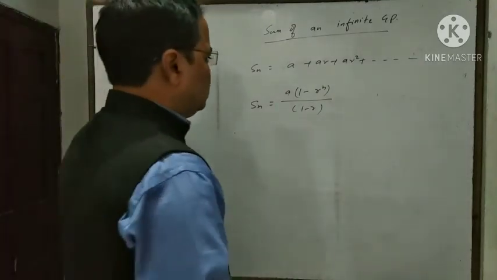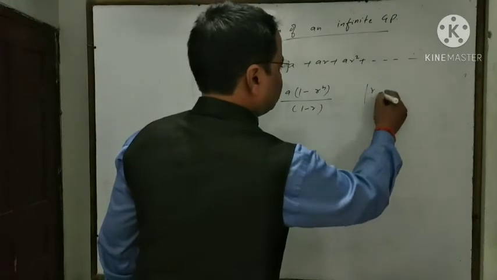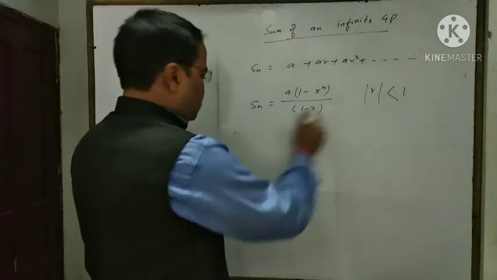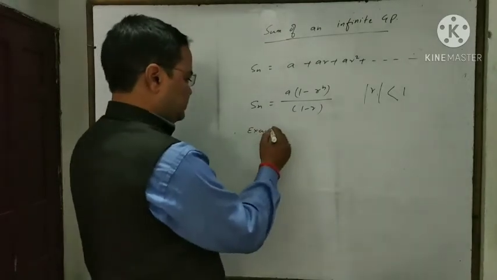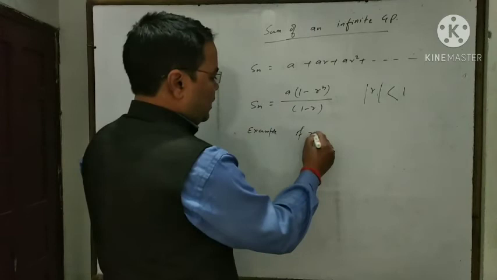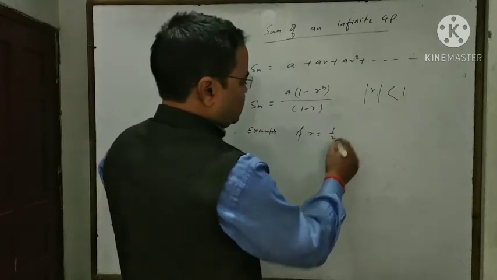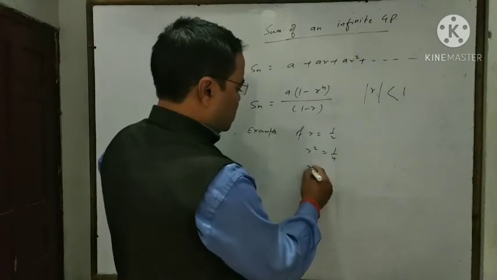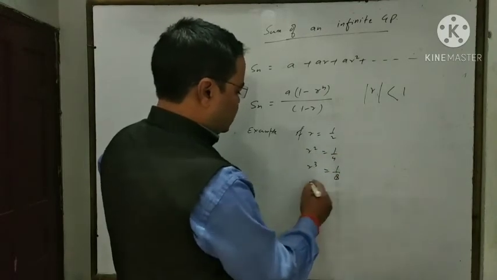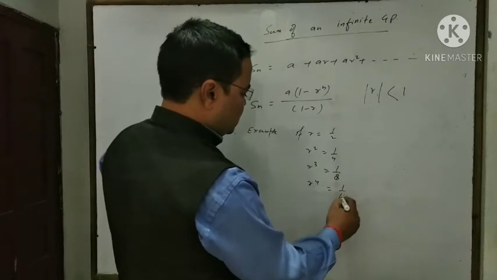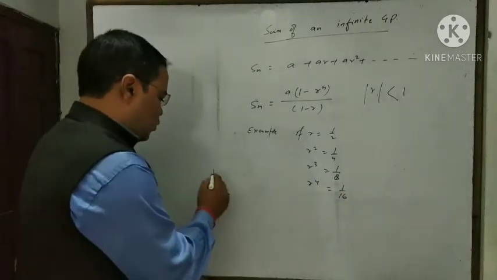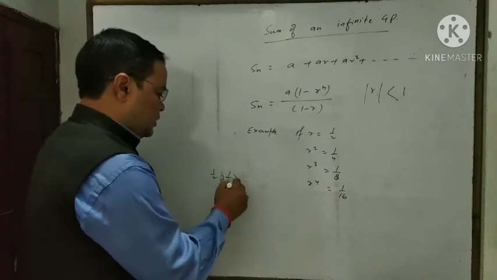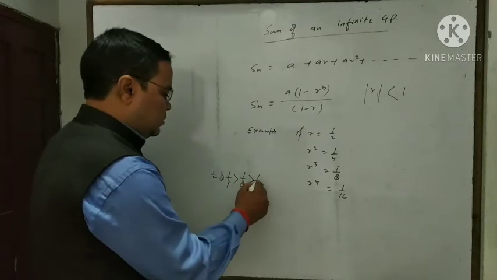Here, I want to tell you, if the value of r is less than 1, for example, if r is equal to 1 by 2, then r square is 1 by 4, r cube is equal to 1 by 8, r to the power 4 is equal to 1 by 16, and here 1 by 2 is greater than 1 by 4, greater than 1 by 8, greater than 1 by 16.